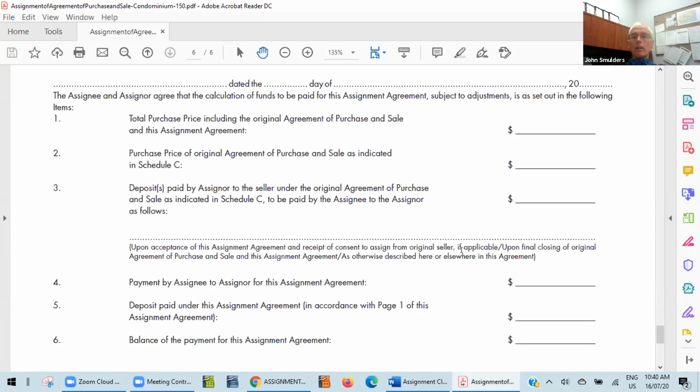The second choice is upon final closing of the original agreement of purchase and sale and this assignment agreement. So when the builder finally closes the deal, that's when the assignor gets his money. So that could be in 2 years from now. That could be in 3 months from now. That could be in 8 months from now. Who knows when the builder's closing, right? That's why most assignors want the first choice, okay?